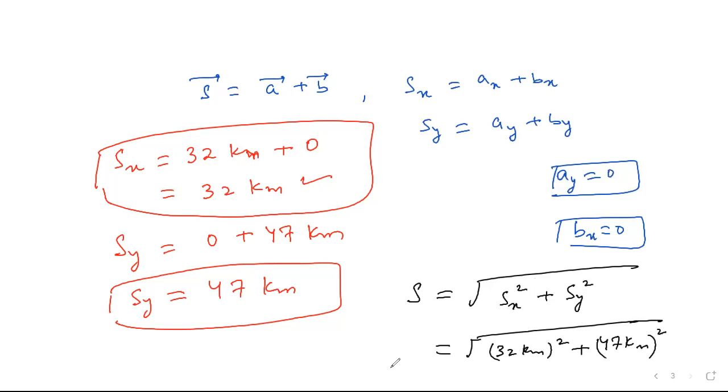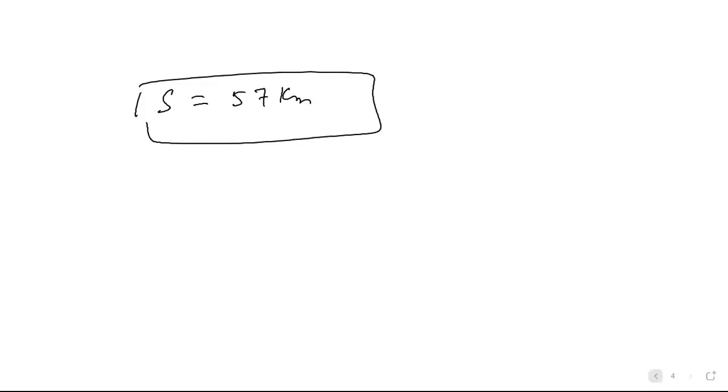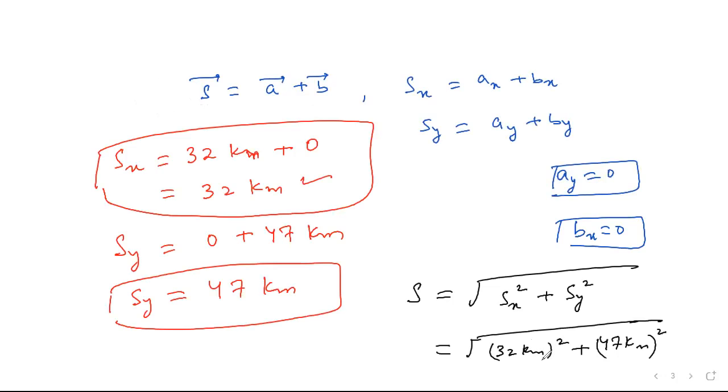I solve it. Let me use the next page. The magnitude of S turns out to be 57 kilometer. 32 kilometer square plus 47 kilometer square, then there is square root. When I solve it, it is 57 kilometer.